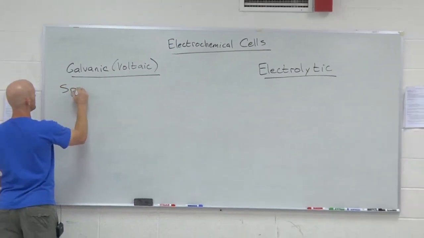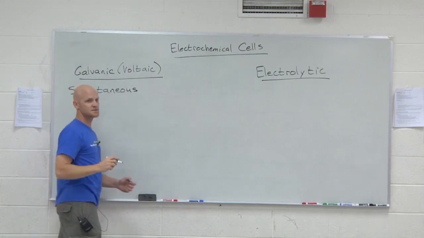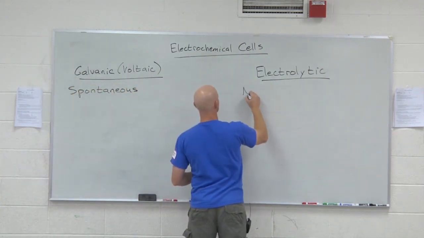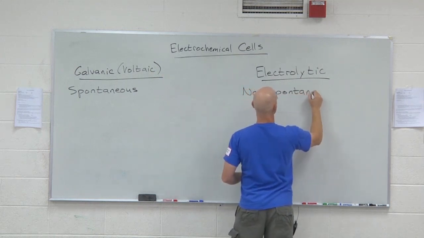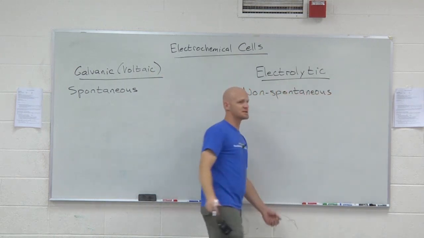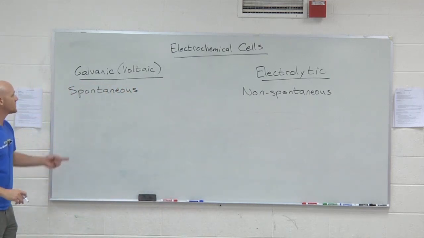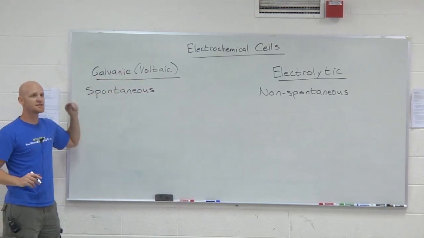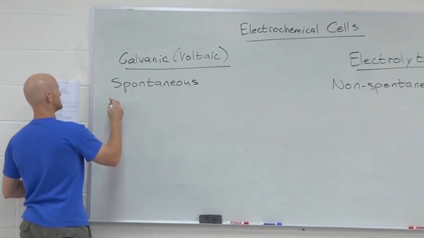Now your galvanic cells, these are spontaneous. Your electrolytic cells are non-spontaneous. Your galvanic or voltaic cells, they're spontaneous, and we use the fact that they're spontaneous to produce electricity.